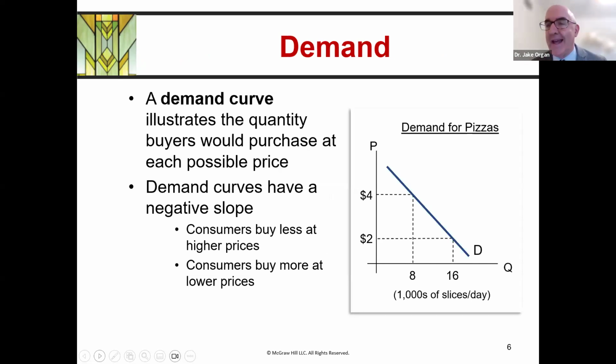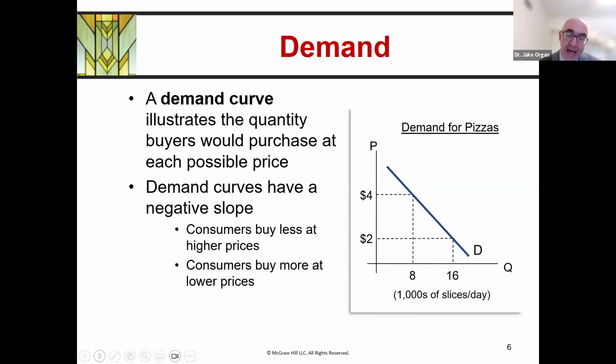I know some of you, when you look at graphs, you think, oh no, but this is probably the classic graph where we see price on the vertical axis and quantity on the horizontal axis, and this is what's called a demand curve.